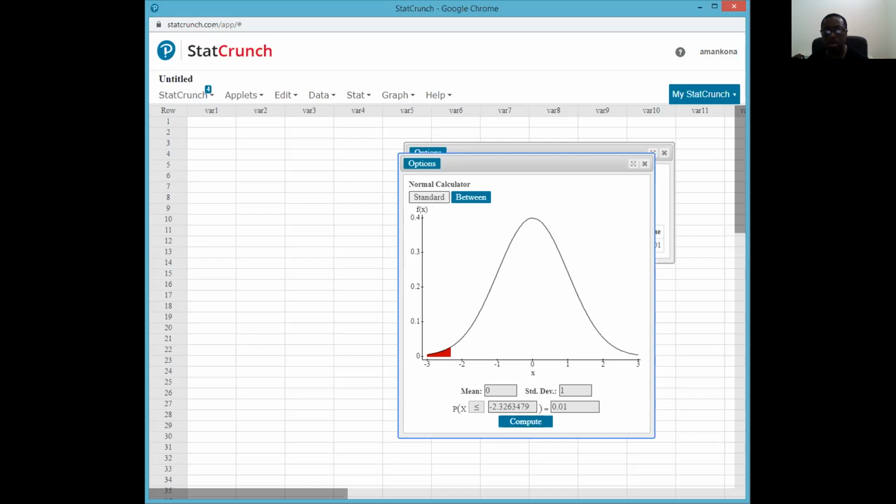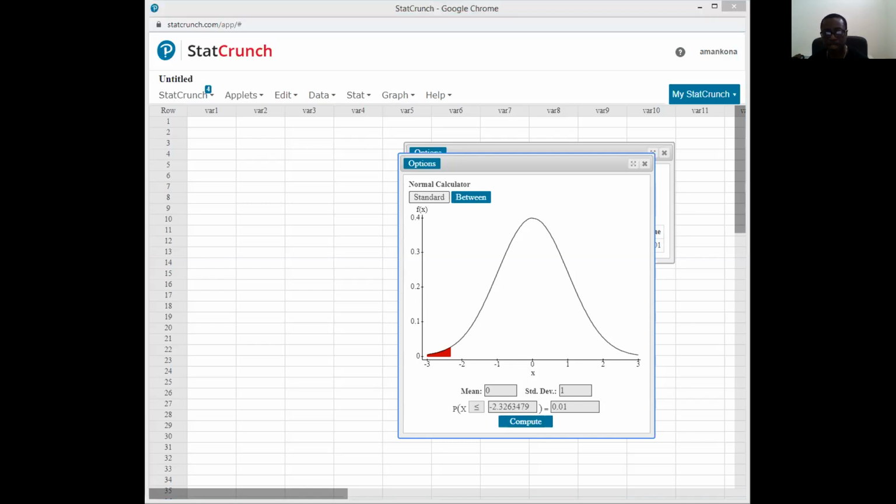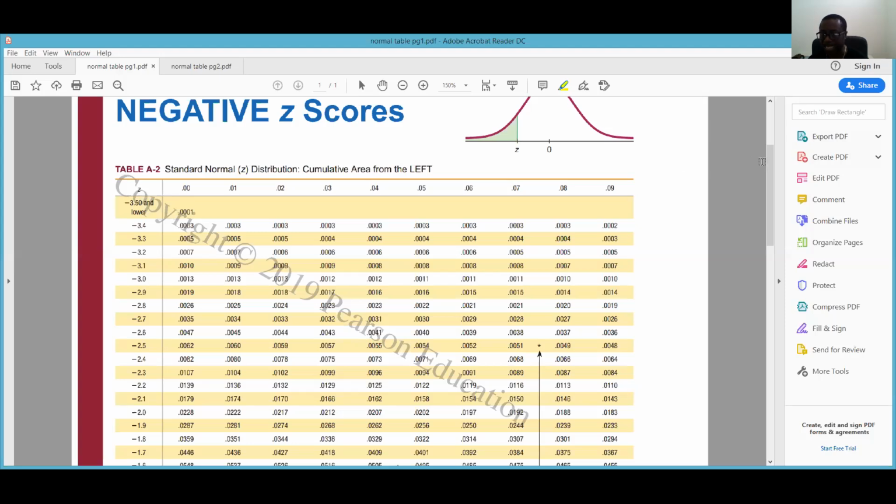If I use the table, let's see if we get the same thing. I want the left, it's negative. My alpha is 0.01. Now let us look at it here. We are looking for the closest to 0.01.